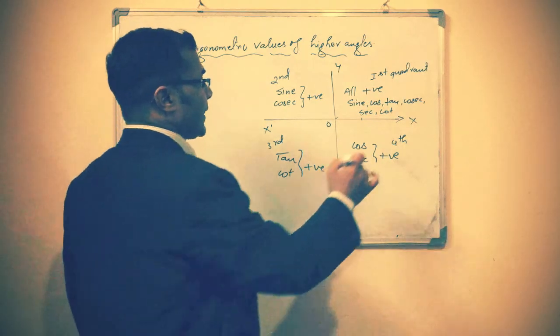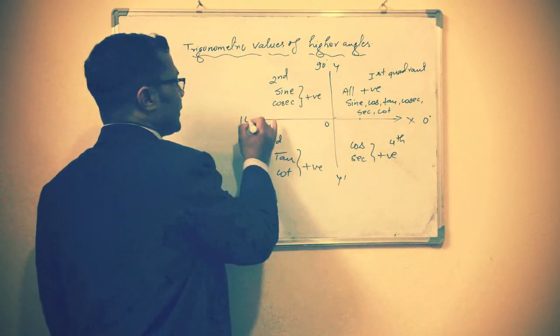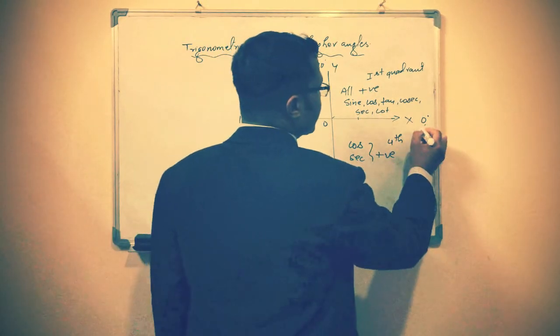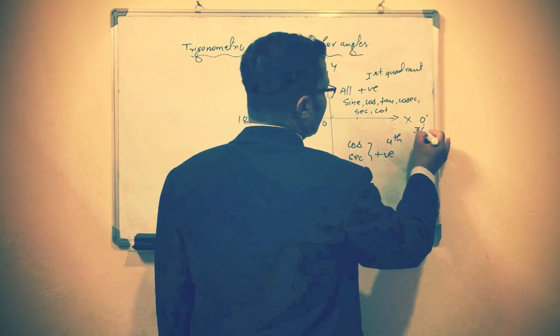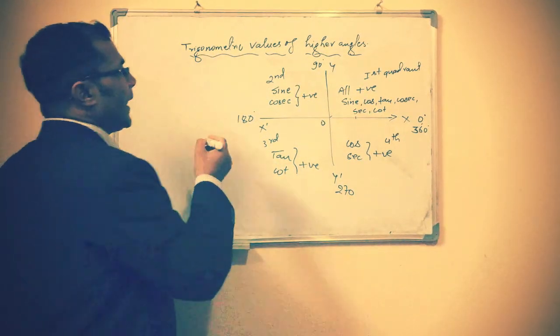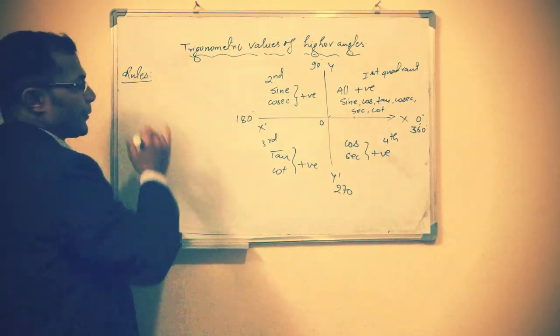Once again, this is 0 degree, this one is 90 degrees, this one is 180 degrees, this one is 270 degrees, and 360 is the same as 0. These are the rules over here, and you have to follow them very strictly.